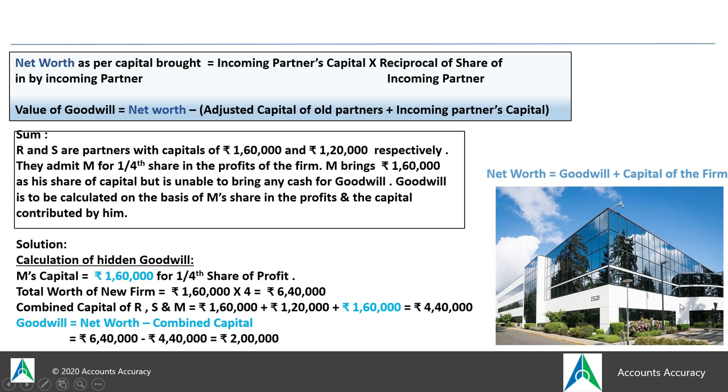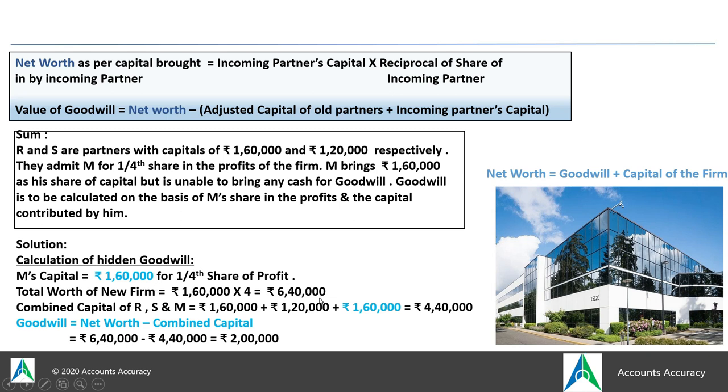Because the total worth of the firm is the capital plus goodwill value, and as the new partner has brought 1,60,000 as his capital, this value is also including the goodwill which he has brought for the entire firm. So for the entire net worth, we need to multiply it with the reciprocal of his share of profit.